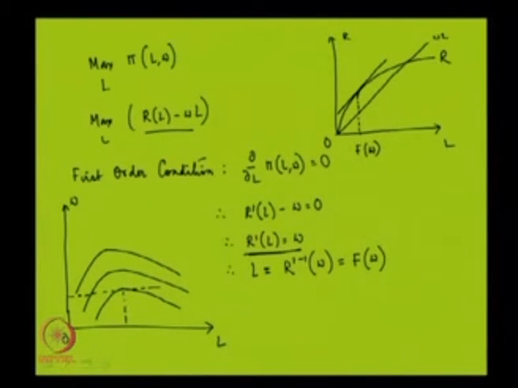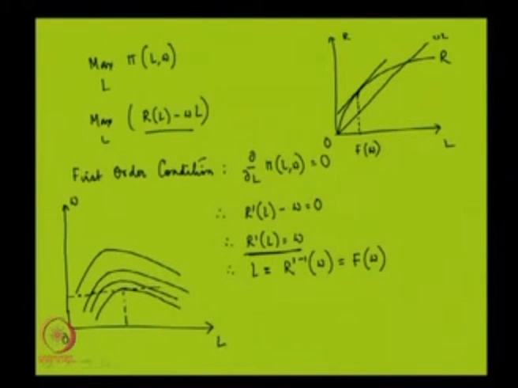Basically, this is the L that maximizes the profit. Any firm will like to reach that isoprofit curve which is closest to the L axis. Now, if it chooses a point like this, the corresponding isoprofit curve is this, which is a lower level of profit. This point represents an even lower profit. So, this is the point where the profit is maximum.